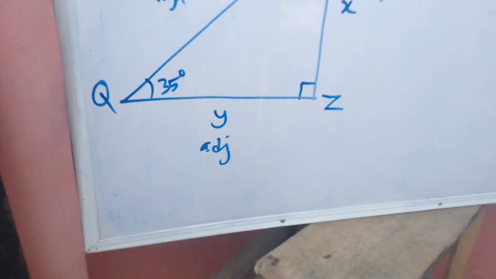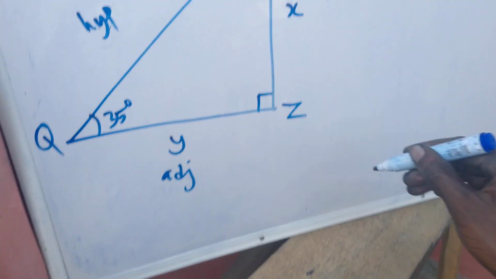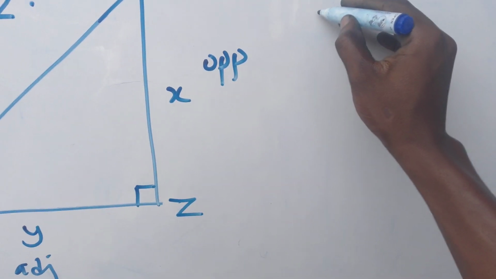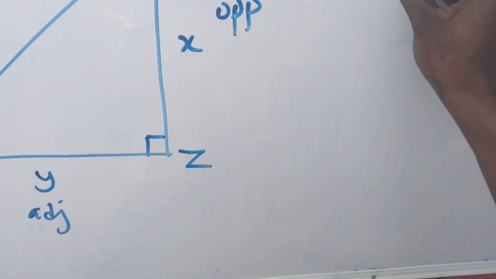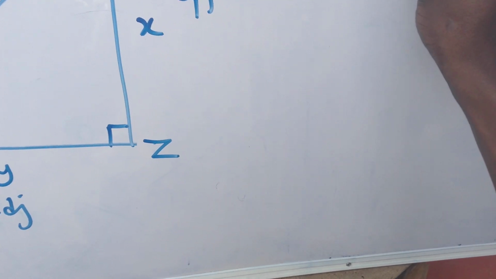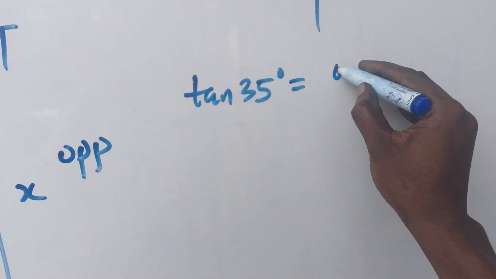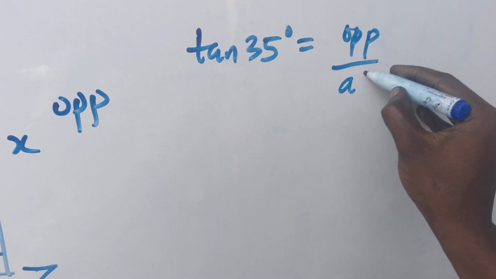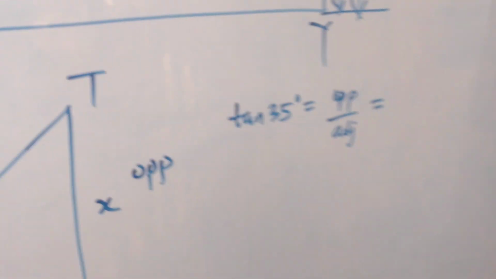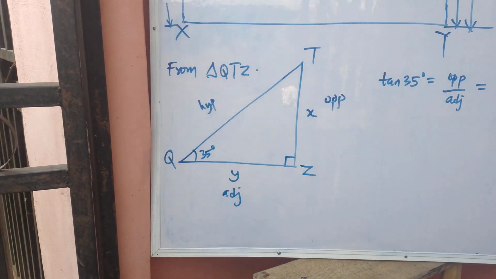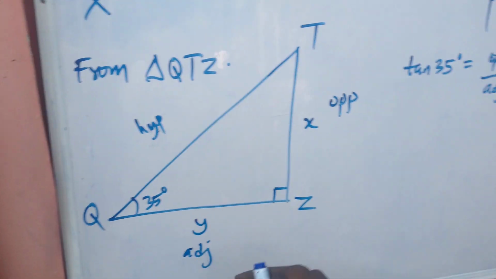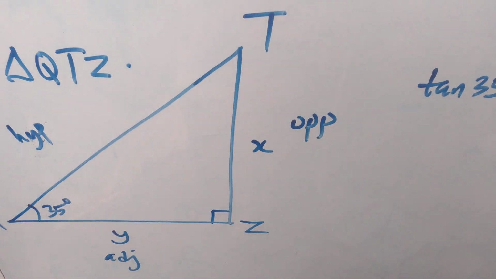So that is tan. I say tan 35 degrees equals to opposite side over adjacent. That's opposite over adjacent, and the opposite side is TZ.